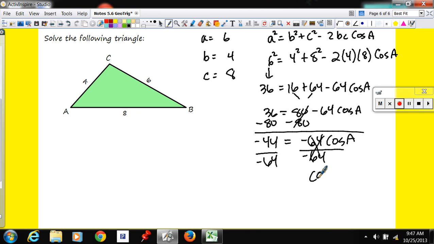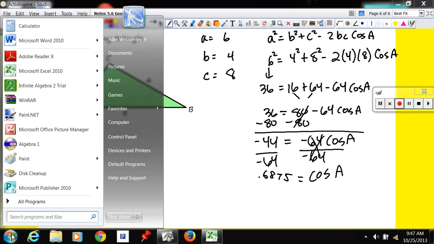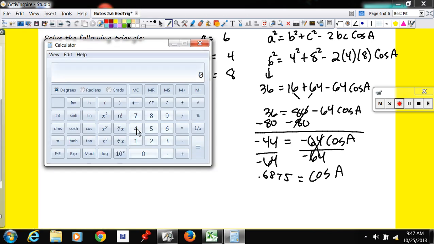So that means cosine of A equals, and we've got to put that into our calculator. What is it? 0.6875. Okay, so the 44 divided by 64 should be the 0.6875. We're going to take that in our calculator and hit the inverse and do cosine.